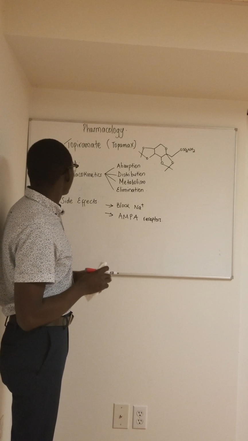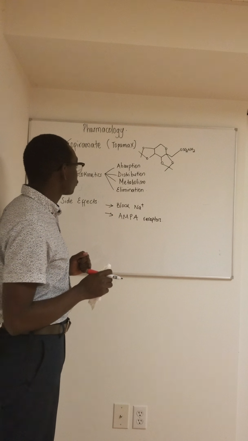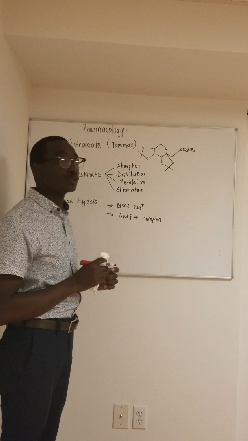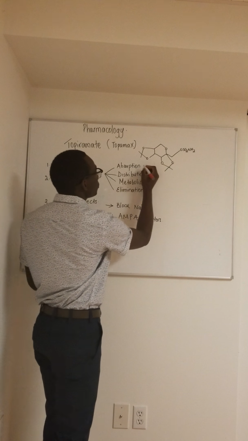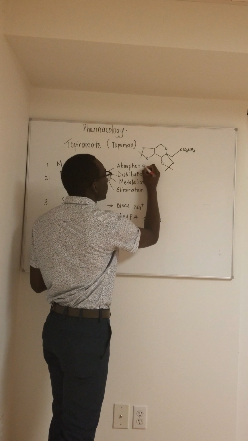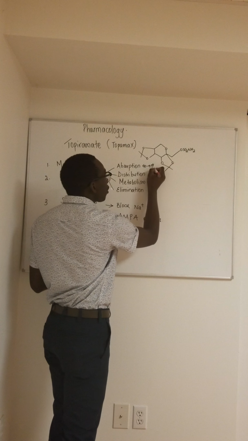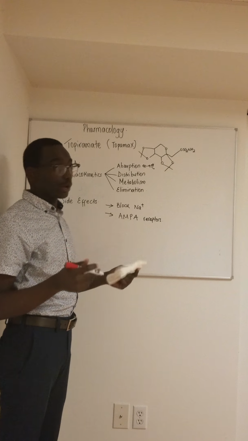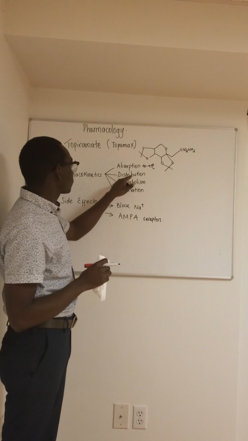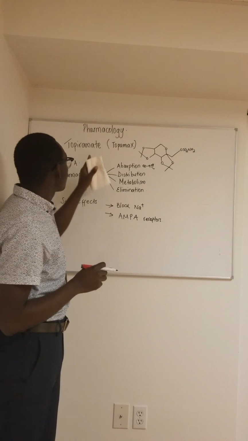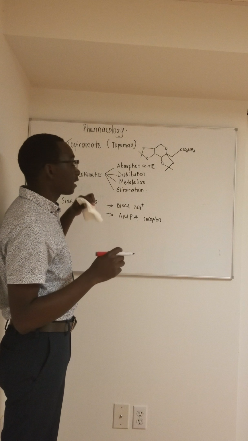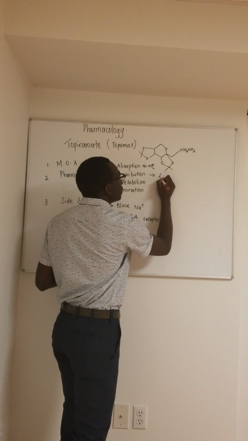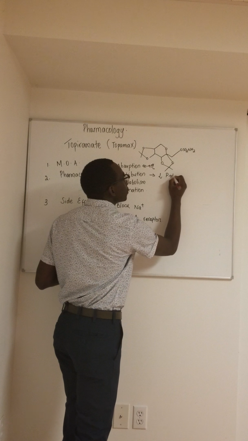To jump into the pharmacokinetics of this drug, beginning with absorption, topiramate is well absorbed. It has an oral absorption of about 90 to 95%, and bioavailability. In distribution, this drug has a low protein binding capacity.